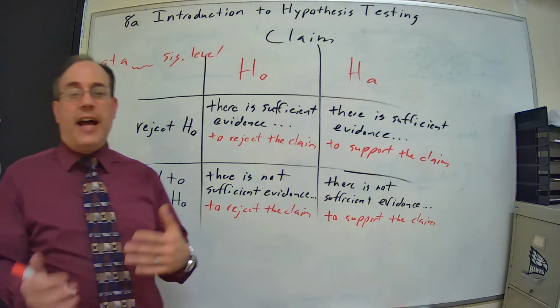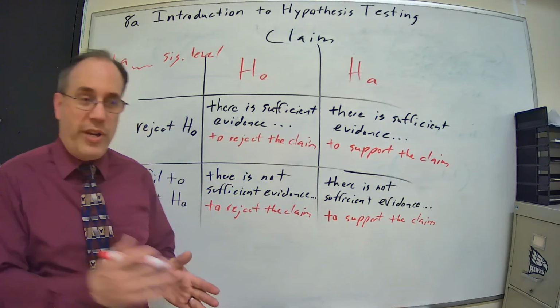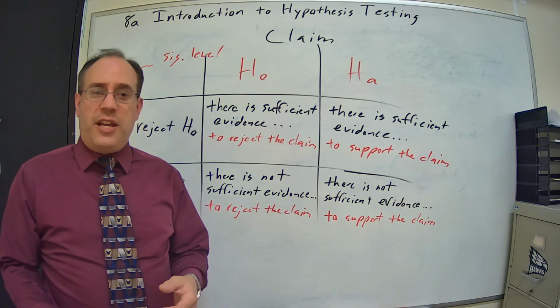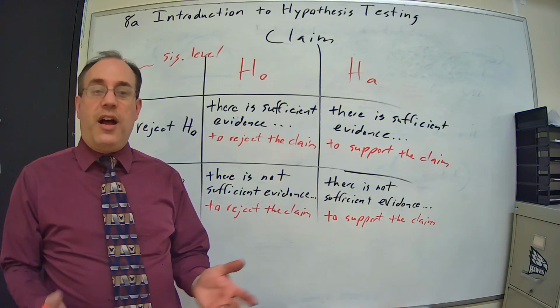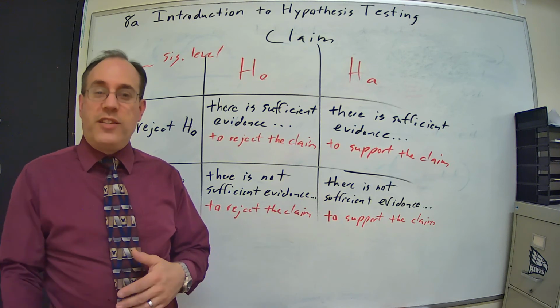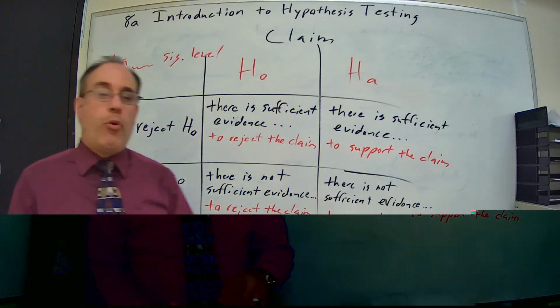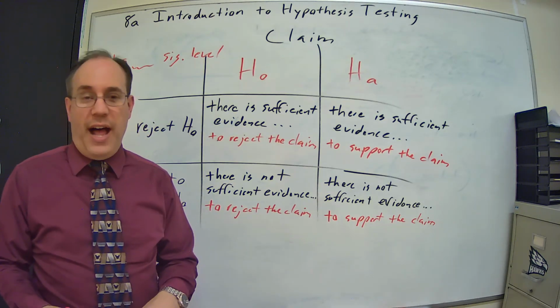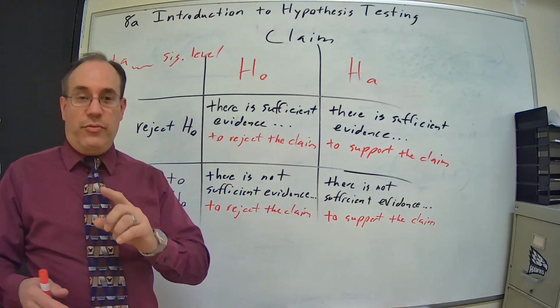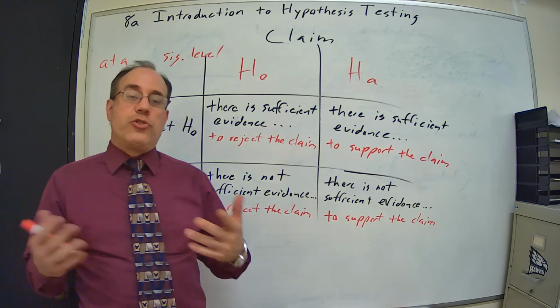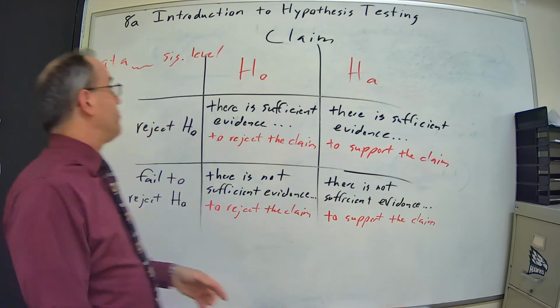So if you had a 90% confidence level, 0.90, the associated significance level would be the other 0.10, the other 10%. So significance levels tend to be 0.10, 0.05, 0.02, 0.01. Right? So those are our significance levels.